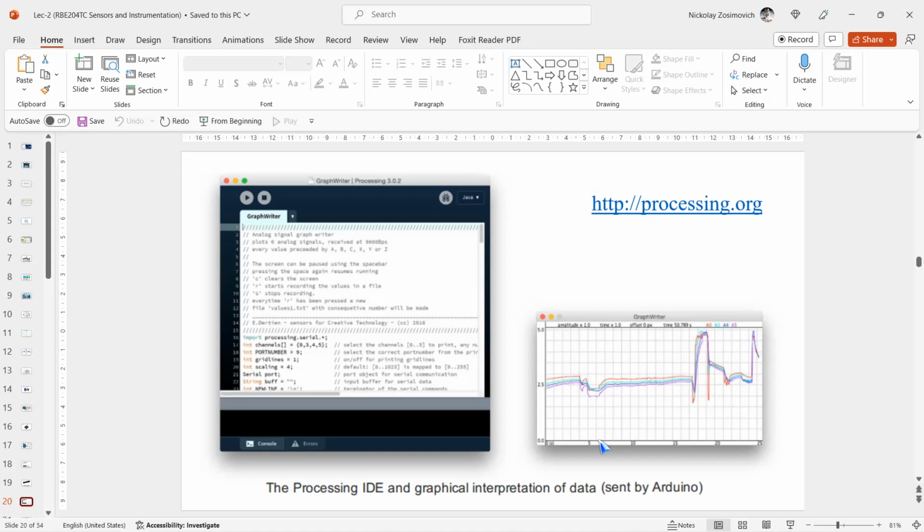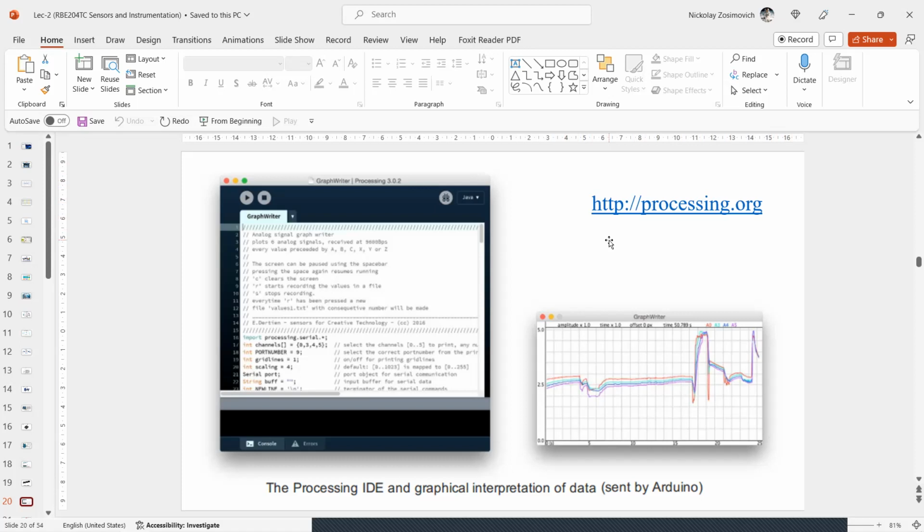The platform used for a number of simple illustrating examples is aptly named Processing, freely obtainable for multiple operating systems. You can get it from the Processing website, which you can see in the top right corner.